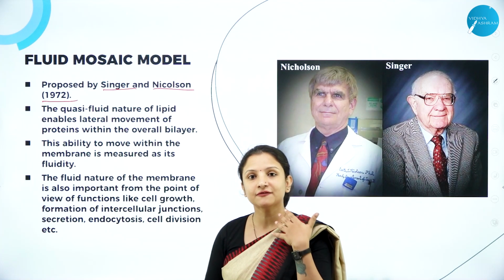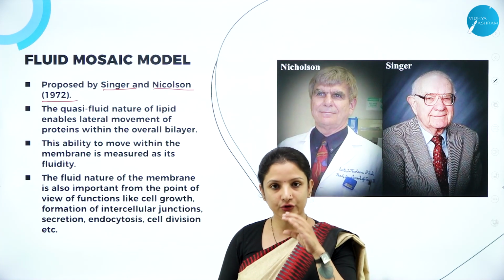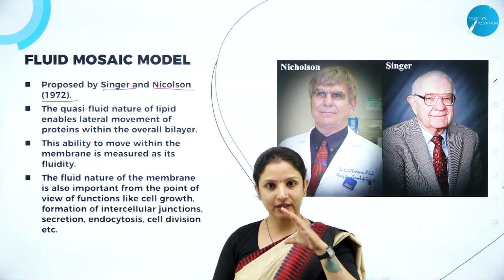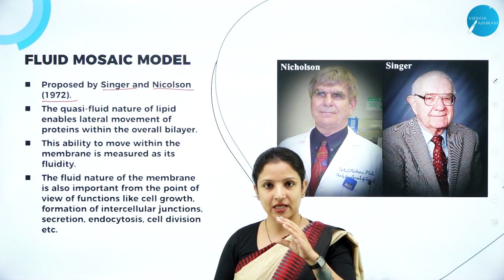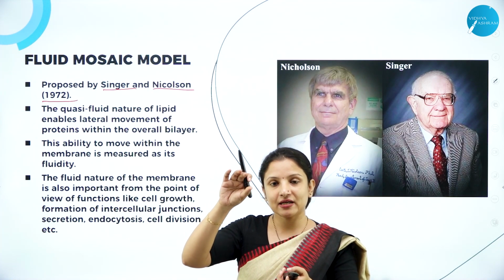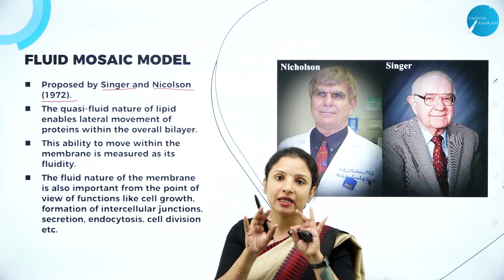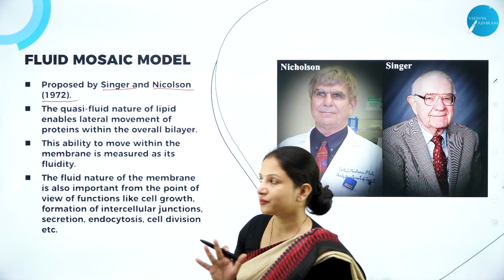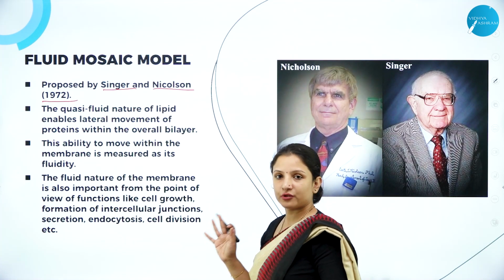Why did they call it fluid? Because they got to know that the lipid bilayers are quasi-fluid in nature. And they call it mosaic because they are arranged in bilayers, and when we look at the lipid bilayer or the plasma membrane under the microscope, it looked like a mosaic. So that is why they called it the fluid mosaic model.